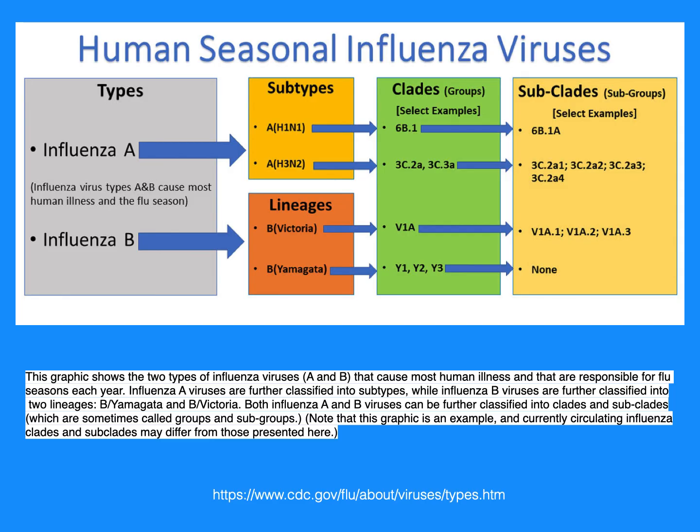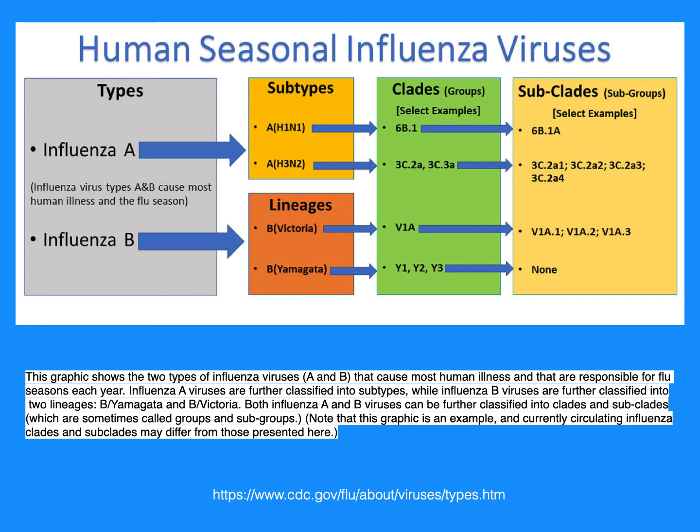Human seasonal influenza viruses. This graphic shows the 2 types of influenza viruses, A and B, that cause most human illness and that are responsible for flu seasons each year. Influenza A viruses are further classified into subtypes, while influenza B viruses are further classified into 2 lineages, B. yamagata and B. victoria.